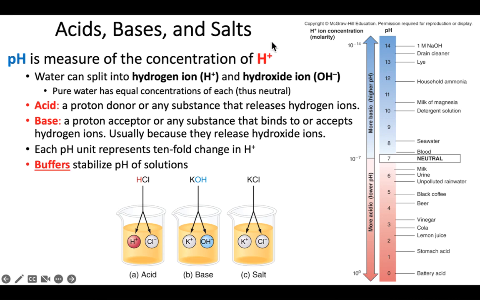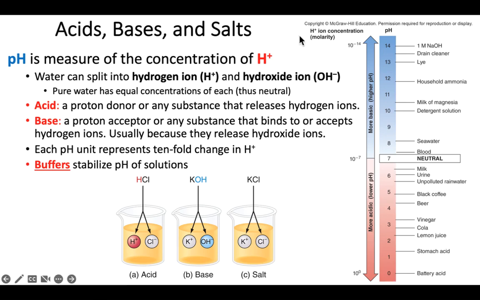Okay? And the more of these you have in a solution, the more acidic the solution is. But here's the trick. The more acidic the solution, the lower the number. All right? That just sometimes gets students. So I'll say it again.